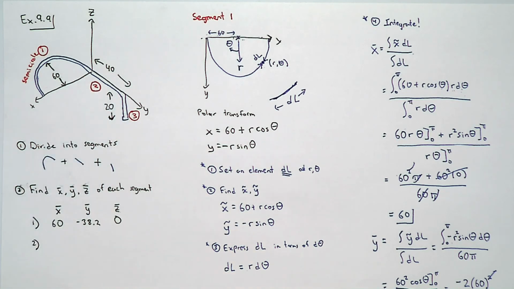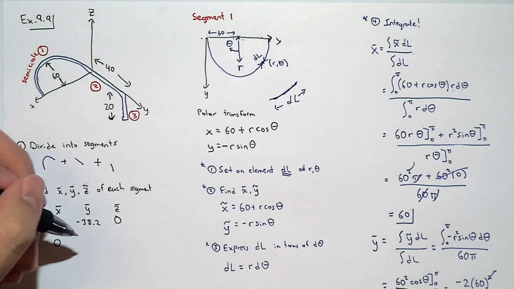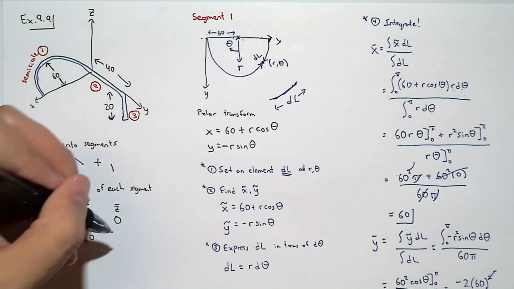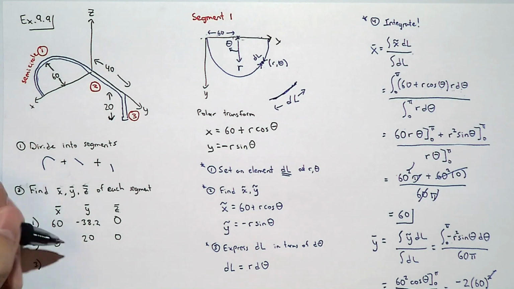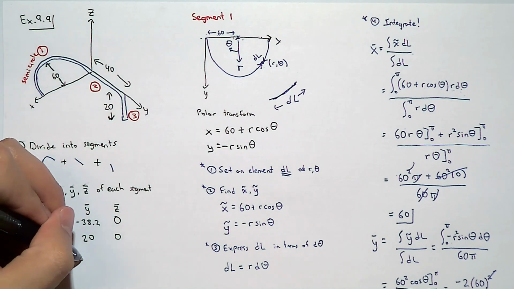It's just a wire. We treat it as a one-dimensional line. So where's the x coordinate of the centroid of that segment? 0. Okay. Where's the y coordinate? 20. Where's the z coordinate? 0. Good. And then for my third element, where's the x coordinate of the centroid? 0. Where's the y coordinate? And where's the z coordinate?